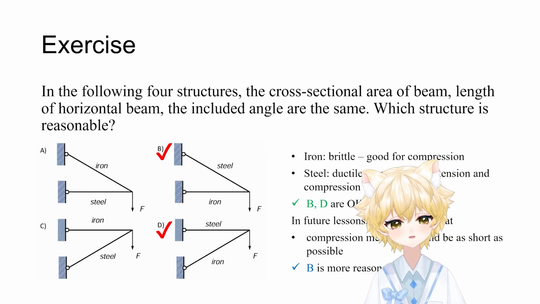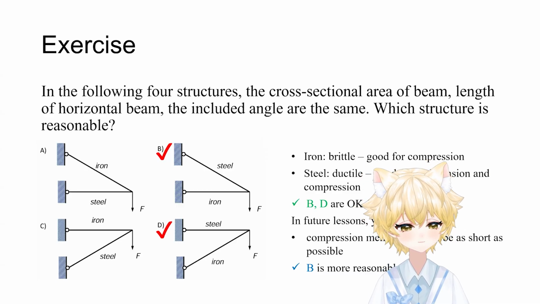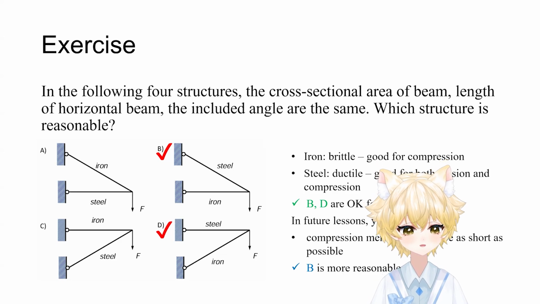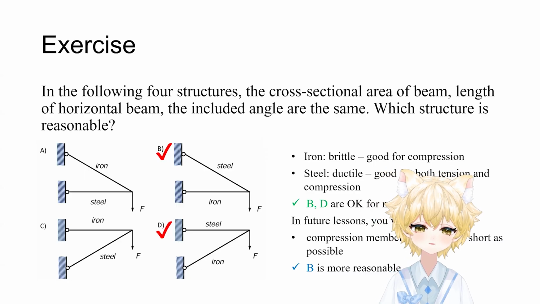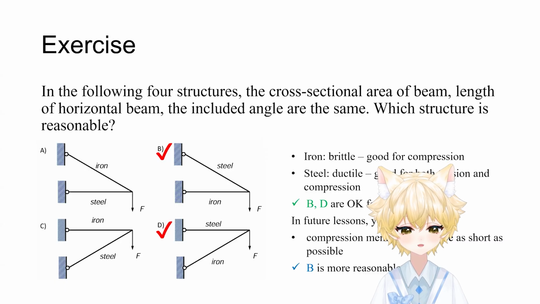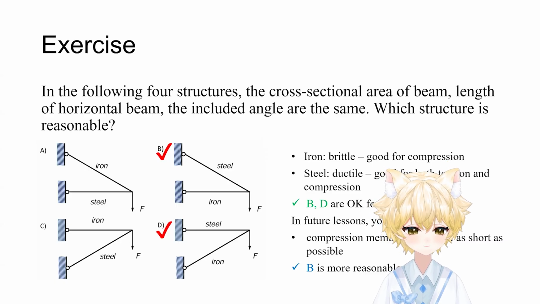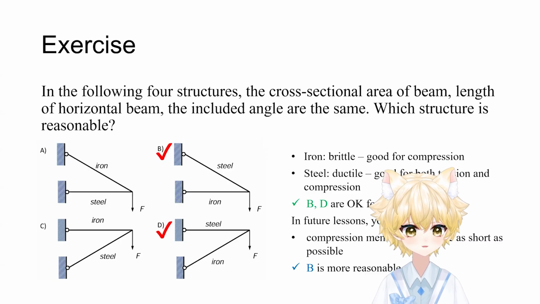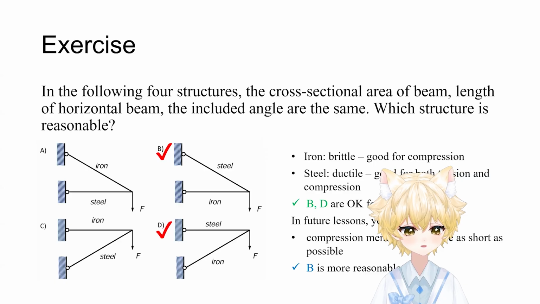However, structures B and D are acceptable choices, but there is an additional consideration. In the last session of this whole semester, we will learn that compression members should be as short as possible to avoid buckling. Remember, buckling is a loss of stability, right?